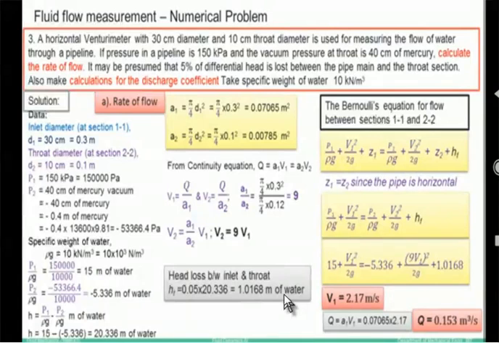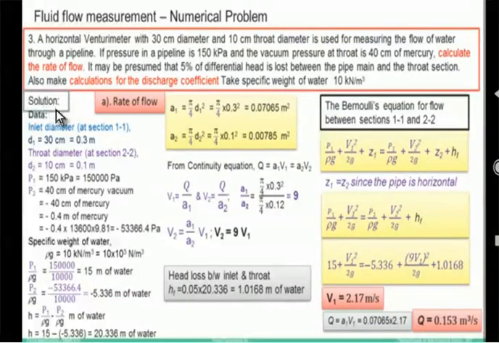It may be presumed that 5% of the differential head is lost between the pipe main and throat section. Also make a calculation for the discharge coefficient. Take the specific weight of water as 10 kilonewton per meter cube. Okay, so this is the statement of the problem.